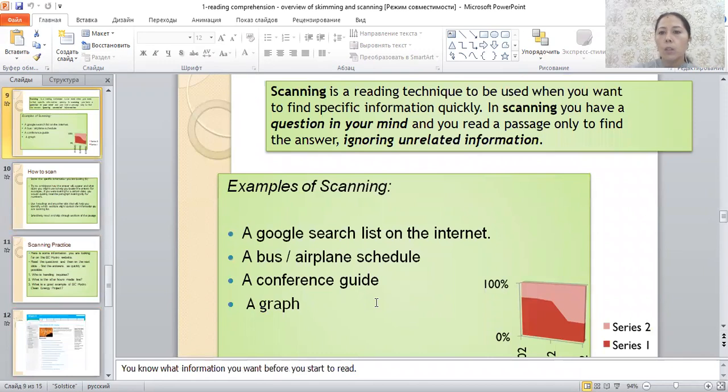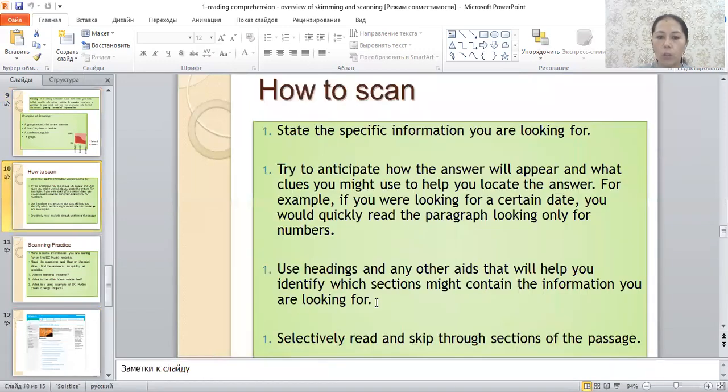And scanning, I also told you above. So scanning, you should be aware of the details, some numbers, and what kind of questions you should separate, word by word. So how to scan? For this, we should know the scanning techniques.